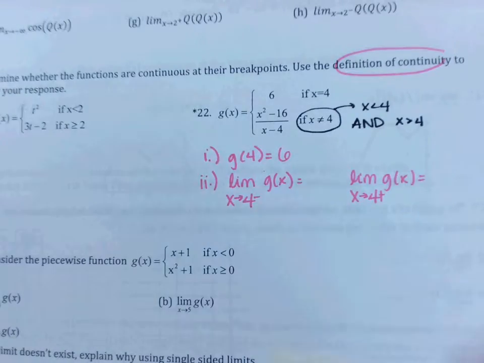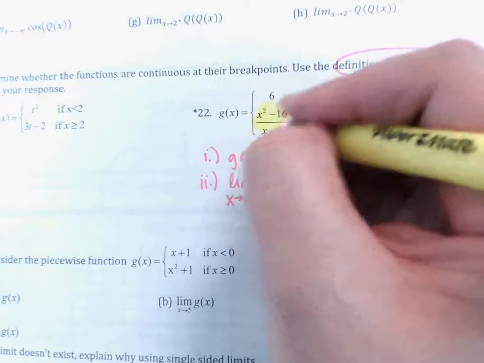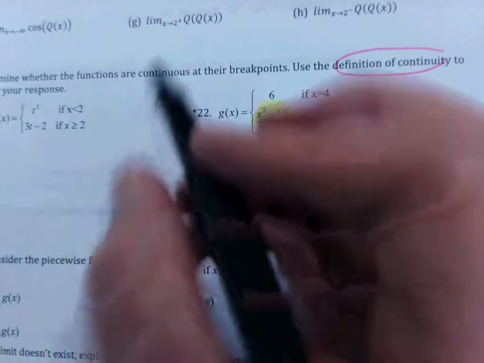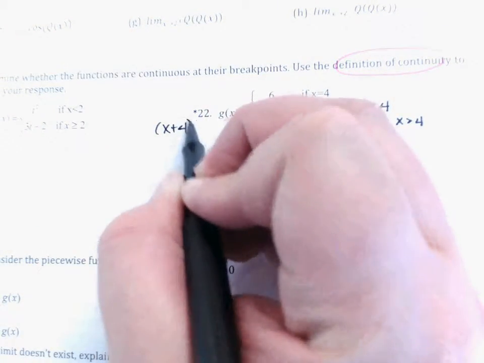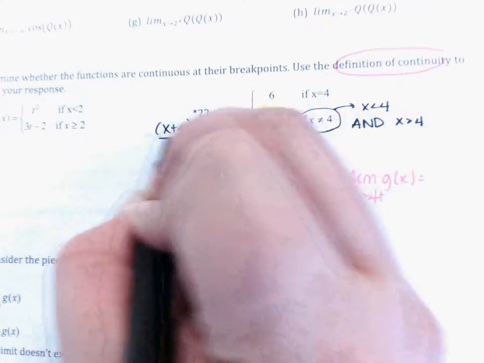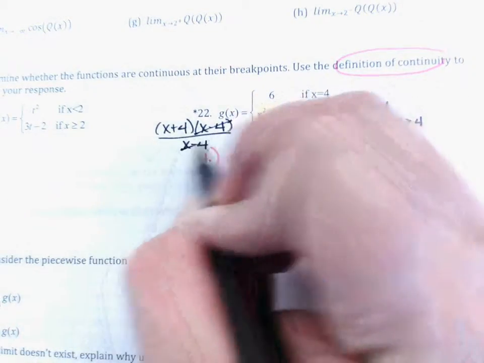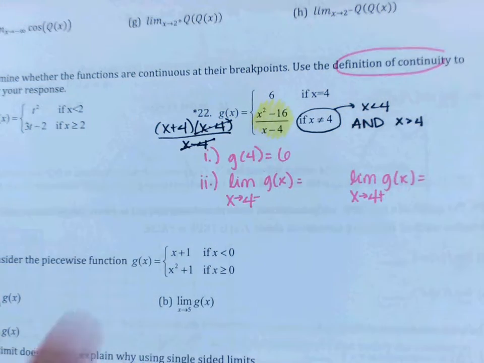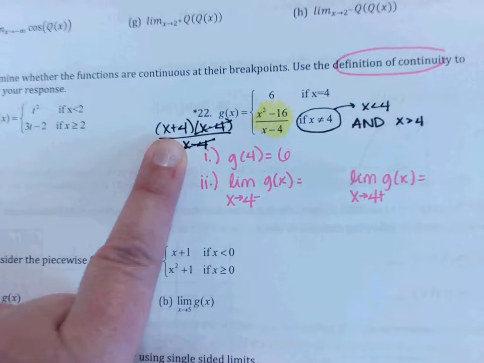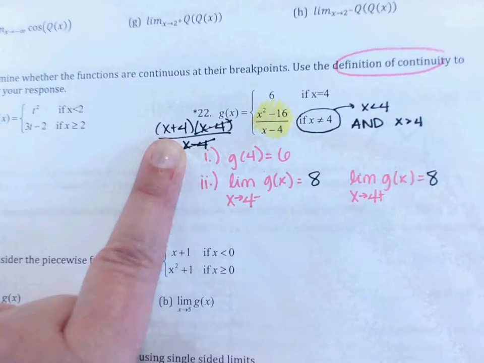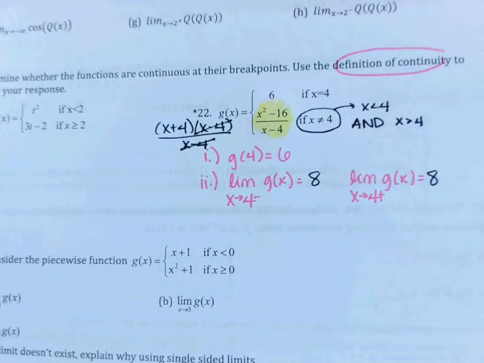Now, can I factor and cancel this? What am I going to get when I factor the top? x plus 4, x minus 4. But then I also had an x minus 4 on the bottom. So these guys are going to cross out and just give me x plus 4. Then when I plug in 4 for my x value, what are my left and right limits both? 8. So, part 1, do I have a y value?